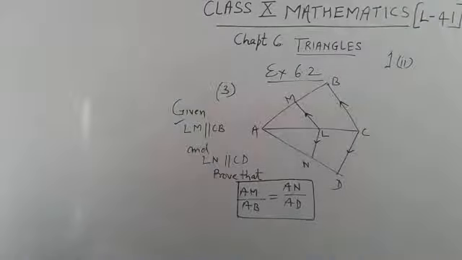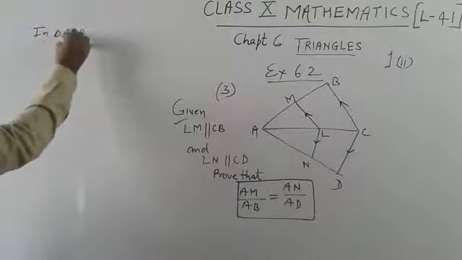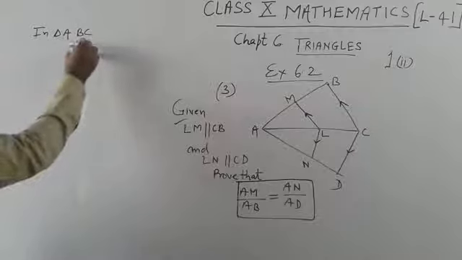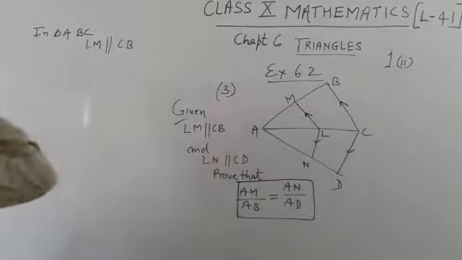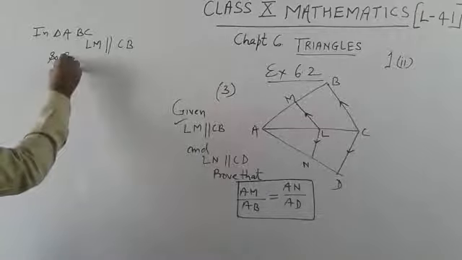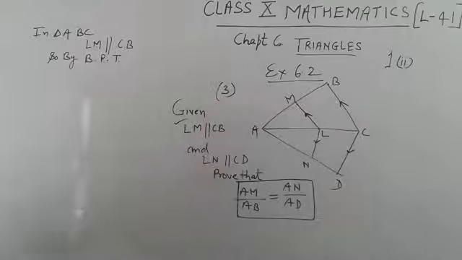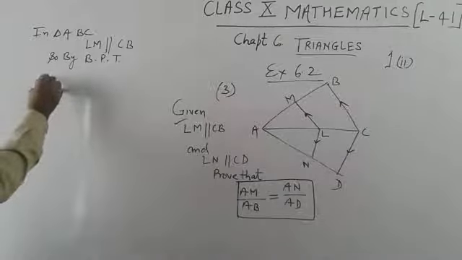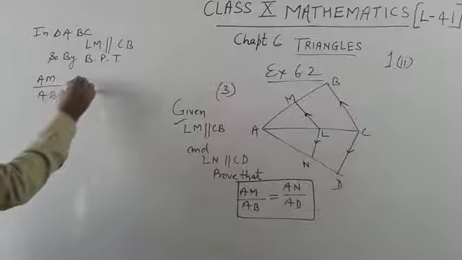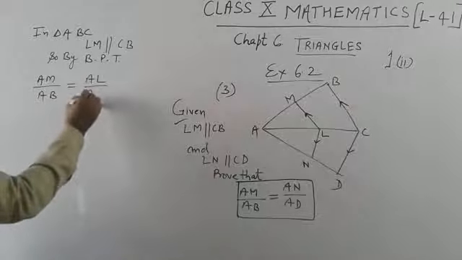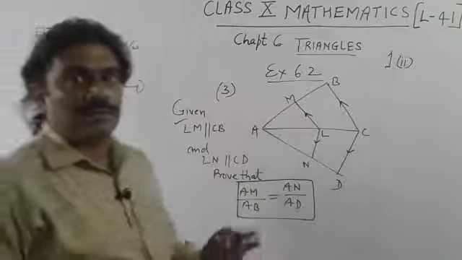So first of all students, we have a triangle. In triangle ABC, LM parallel CB. So by BPT, basic proportionality theorem, we can write AM upon AB is equal to AL upon AC. First equation. Here students, we have used Thales theorem.